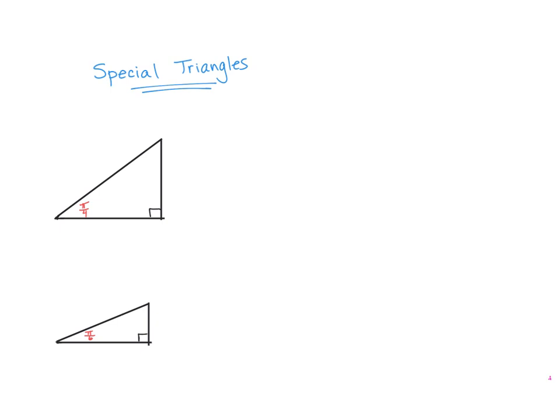Our special triangles allow us to give exact values for our ratios. And so very few times today will I put things into degrees to then turn them into radians, because I want us to start to shift our thinking into radians.